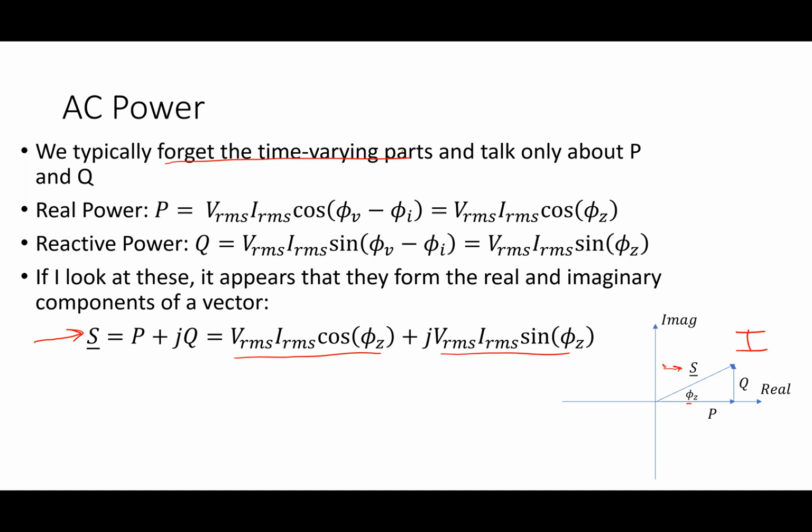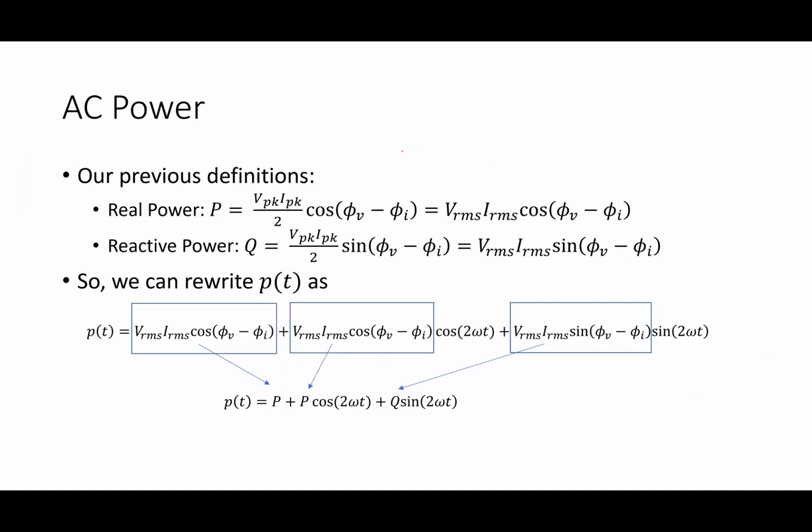We just made the definition because somebody looked at these two terms here on the slide and said, those look like the real part and the imaginary part of the vector. So let's just make the definition and call complex power a vector where the P is the real part and the Q is the imaginary part.